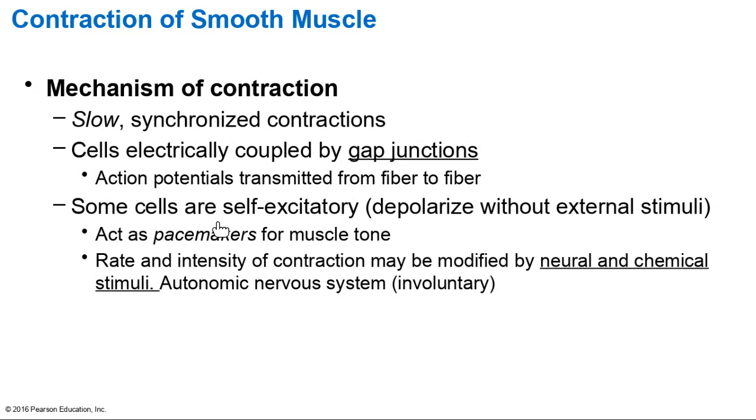Now, there is a lot of autorhythmicity here in smooth muscle because smooth muscle is involuntarily controlled. So they have their own little pacemaker inside that's going to help maintain muscle tone. Again, this is involuntary. But the rate and intensity of contraction is affected at the end of the day by the autonomic nervous system.